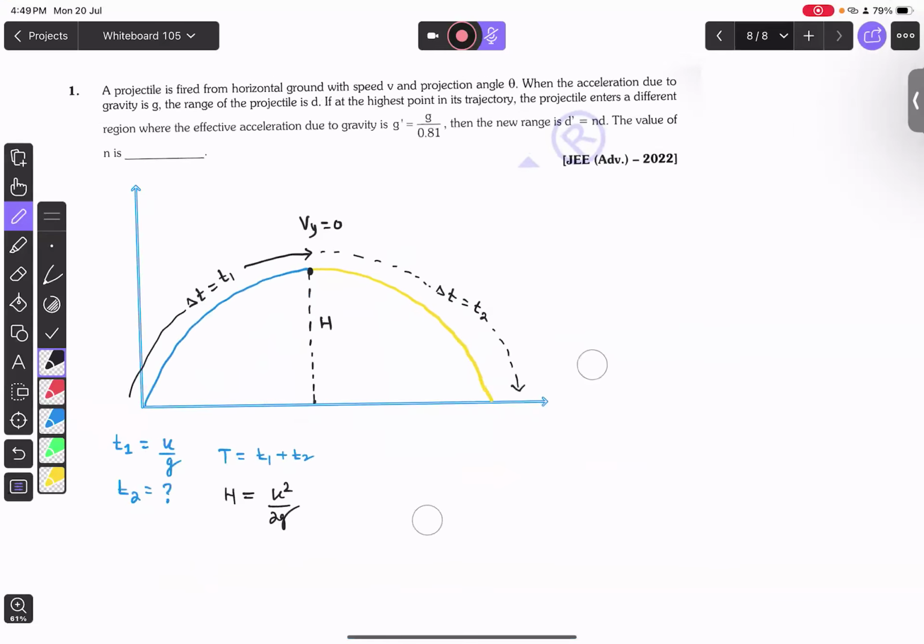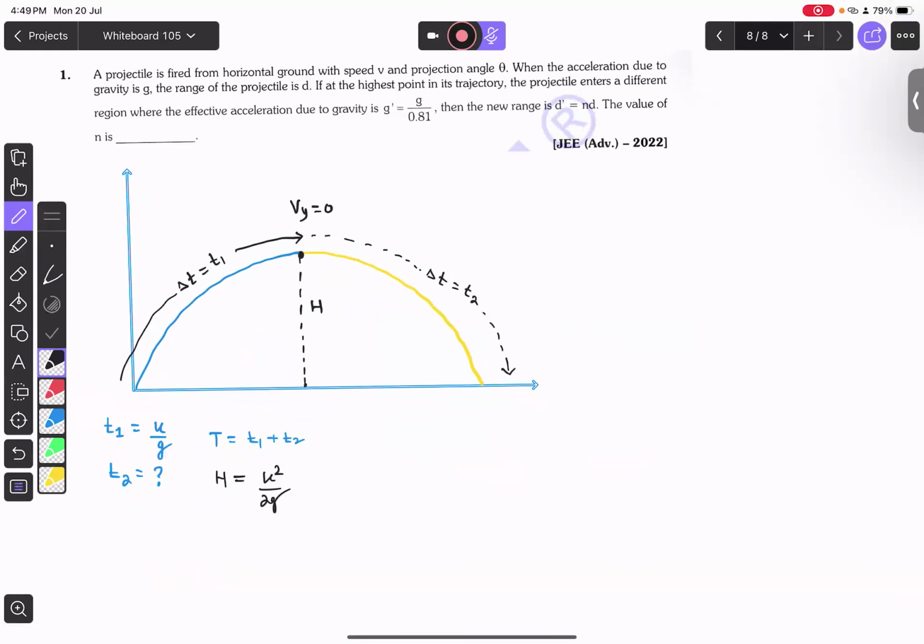Now we are going to solve for the interval which is from maximum height. Or maybe, suppose if I talk about that yellow interval, what is the velocity along y initial? It is 0.